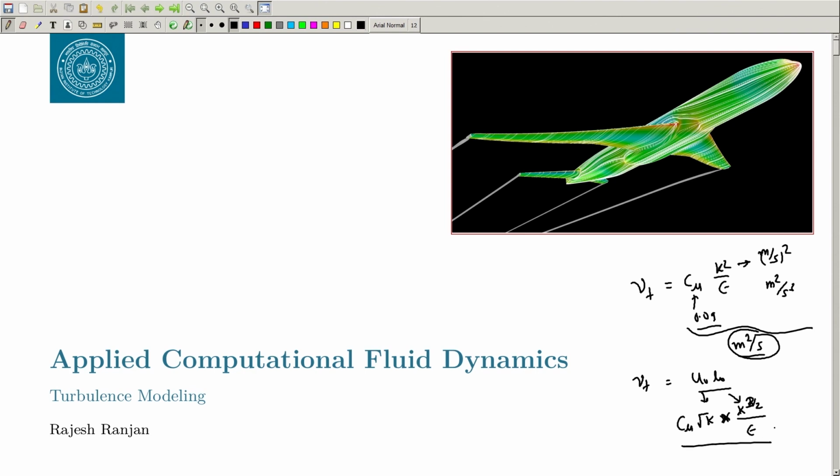We saw that the k-epsilon turbulence model does not do very well very close to the wall. We discussed the low Reynolds number model, and saw that very close to the wall you need to do special things, like using some damping to get the behavior right.